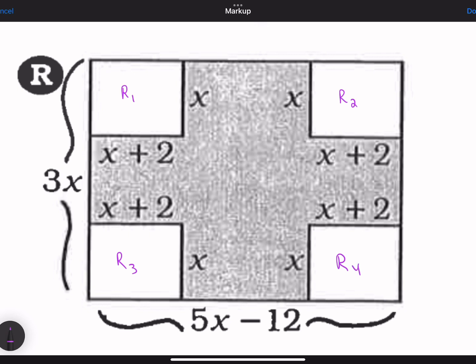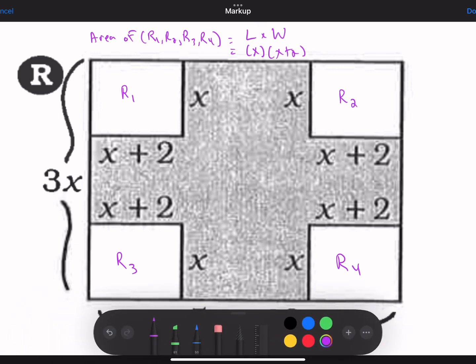And if I write the area of, and I'll just write R1, R2, R3, and R4, remember that is going to be equal to length times width, which in this case is going to be our x multiplied by x plus 2. And so we're going to FOIL this out now.